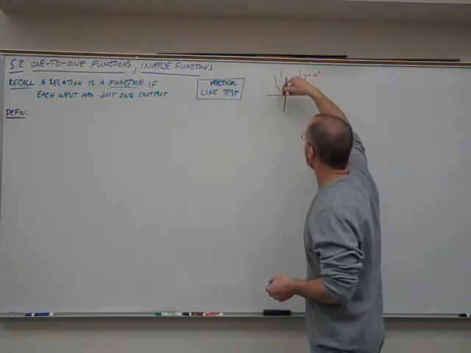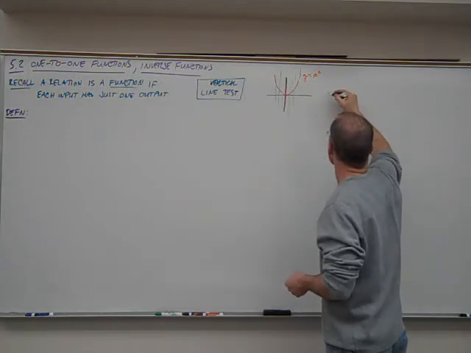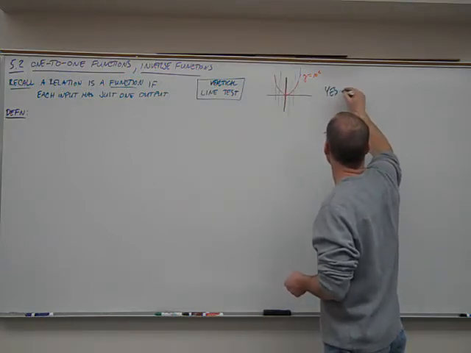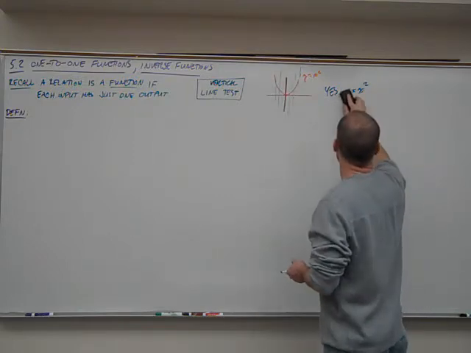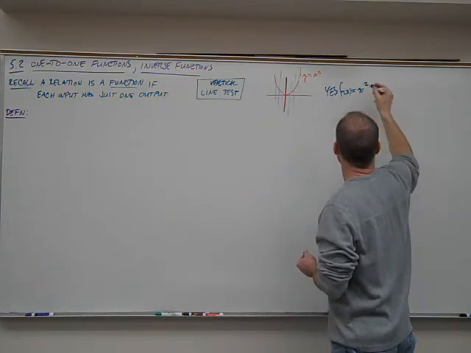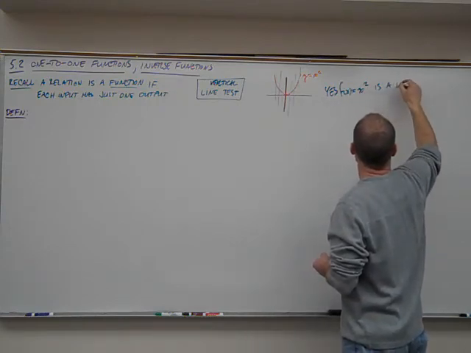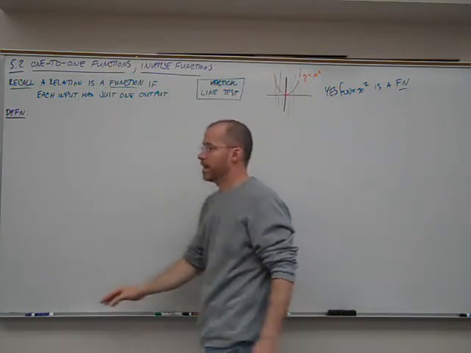So looking at vertical lines here, they cut at most one place, so yes, y equals x squared, or now I guess I can use function notation, f of x equals x squared, is a function. Okay, now that's old hat.